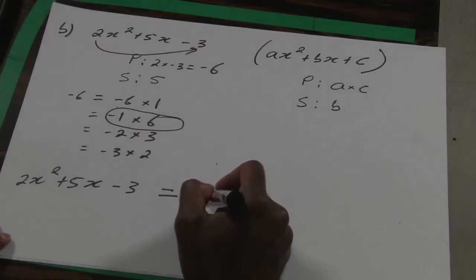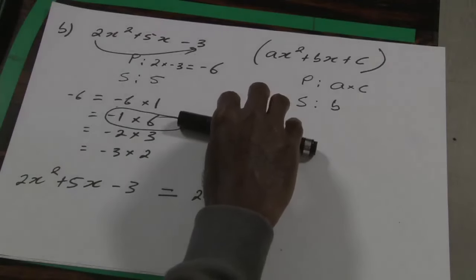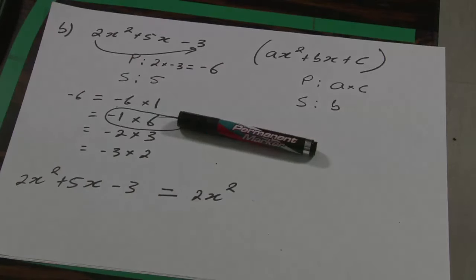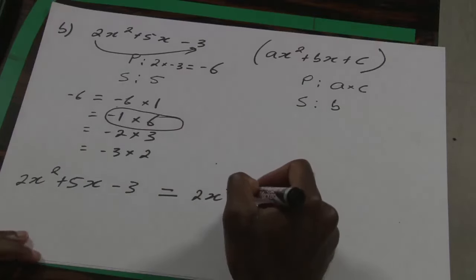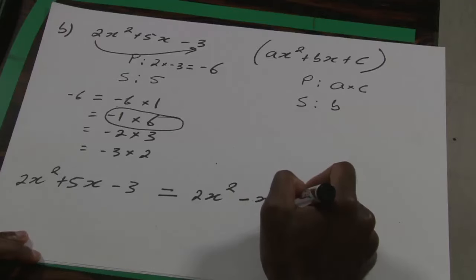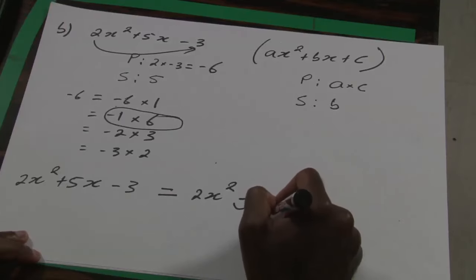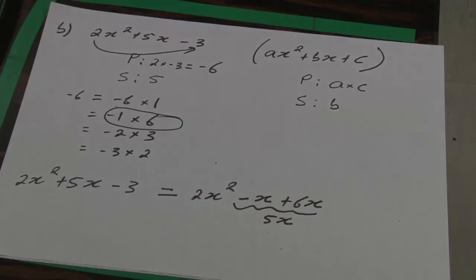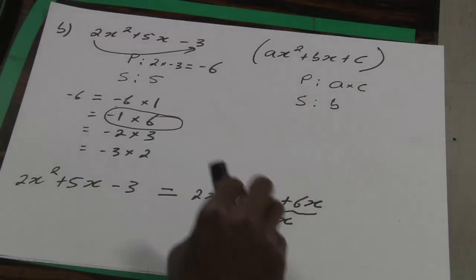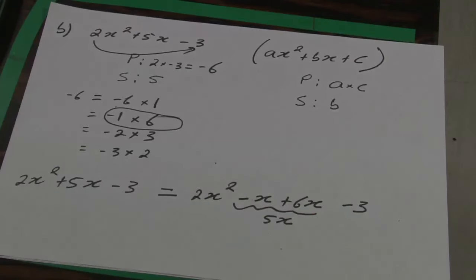We have 2x squared, and then since we said that 5 can be written as a sum of these two numbers, we have minus x plus 6x. This is the same as 5x, which means the numbers that we got here, we use to rewrite 5x as a sum of the two numbers that we obtained. And then, of course, our last term, -3, is still here.